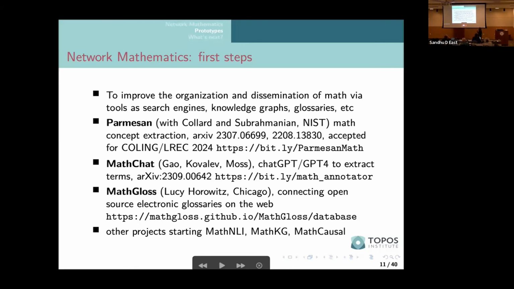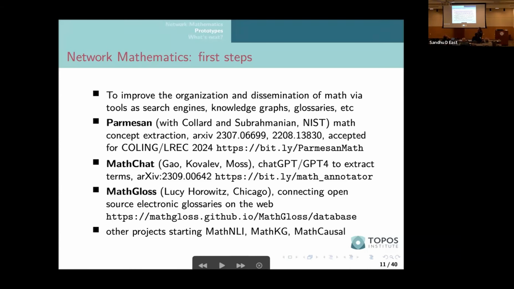So whenever you try to do something on this mixture, this kernel of everything, people complain about it. We finally managed it, and it's going to appear at the end of this month of May in an important conference for computational linguistics called CoLing and LREC.